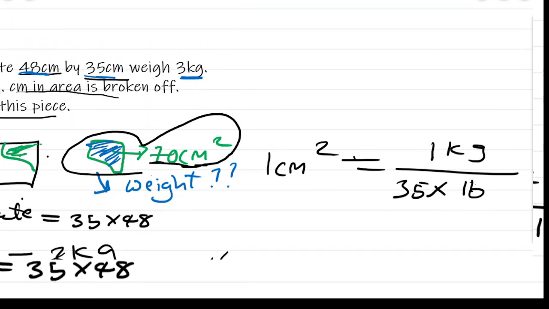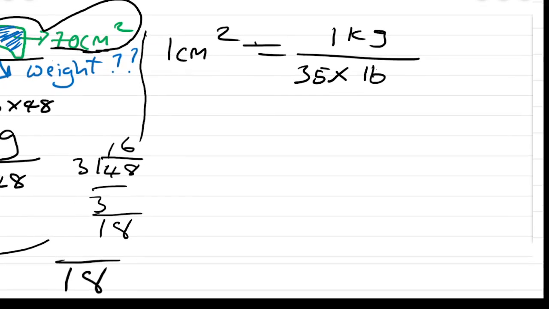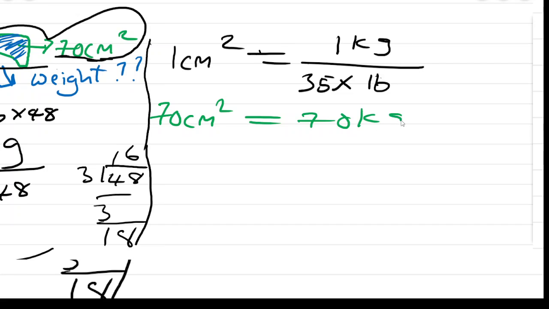So what we'll do now, we're looking for 70, so we're going to multiply both sides by 70. When we multiply both sides by 70, 70 centimeters squared would then be 70 kilograms, all divided by 35 times 16.